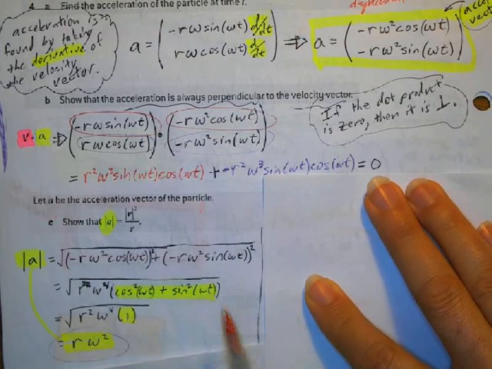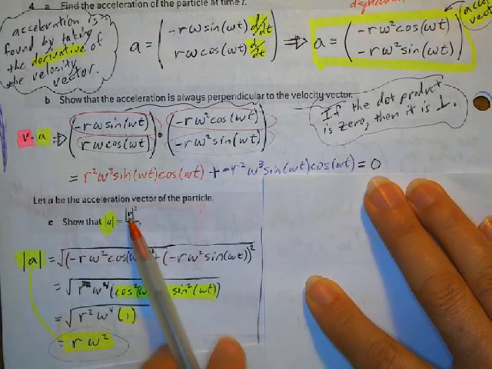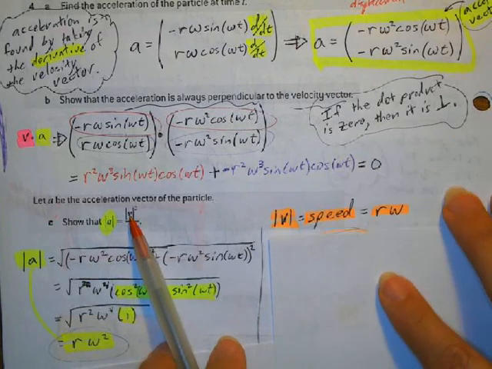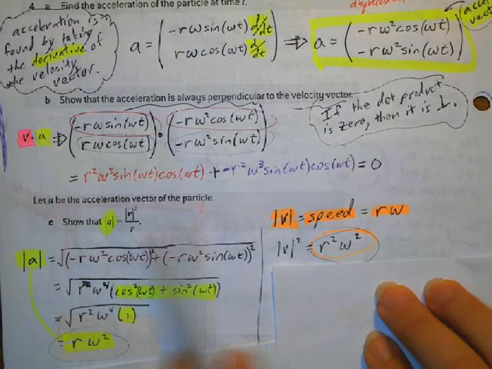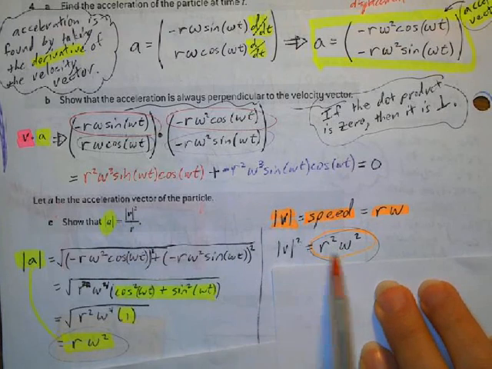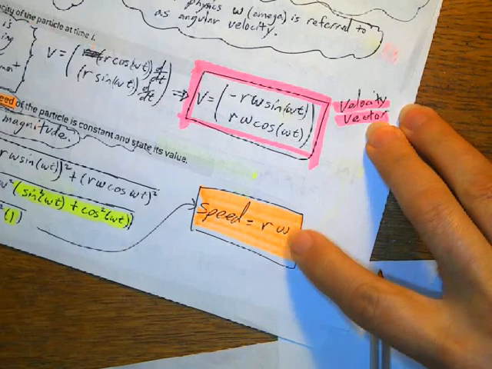The second part: what is the magnitude of the velocity vector? The magnitude of the velocity vector is on the first page. Remember I said, oh, this is going to come back. Aha! See, the speed is r omega.